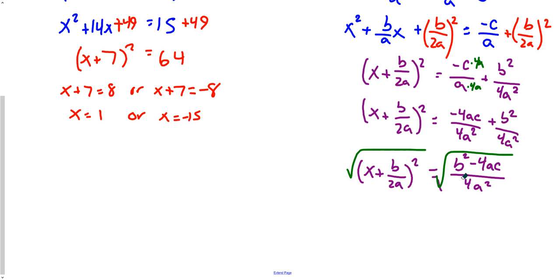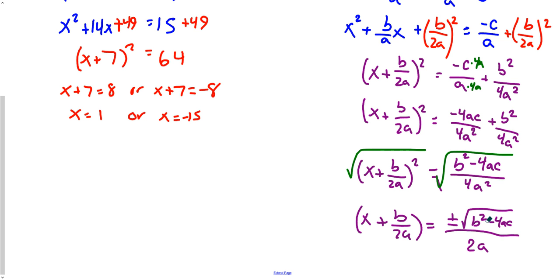And so what's the square root of 4? That's 2. And what's the square root of a squared? That's a. So when I write this out, I'm going to get x plus b over 2a, but without the square, equals plus or minus the square root of b squared minus 4ac all over 2a.